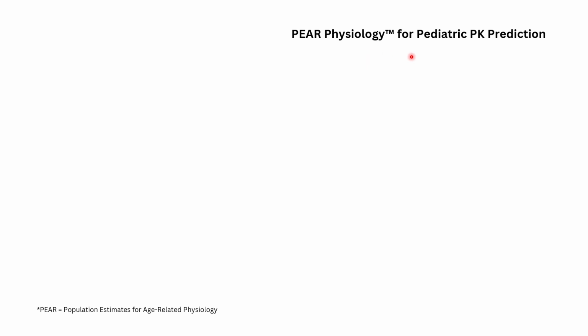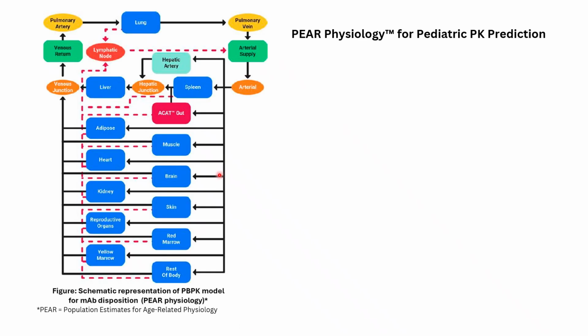Peer physiology, or population estimate for age-related physiology, is a mechanistic framework used in PBPK modeling to predict drug behavior in specific populations such as children.